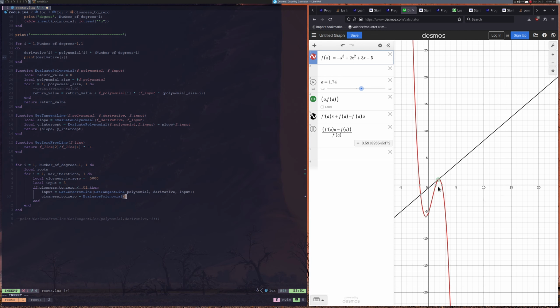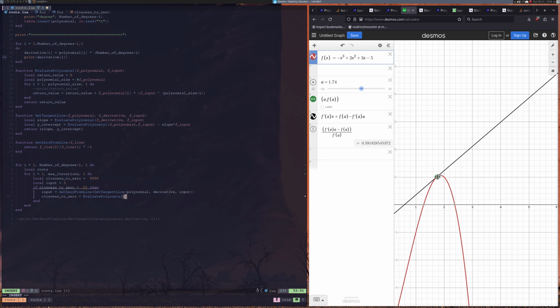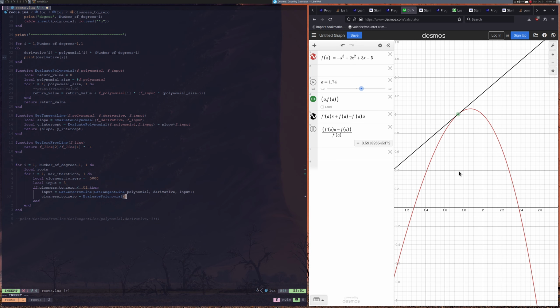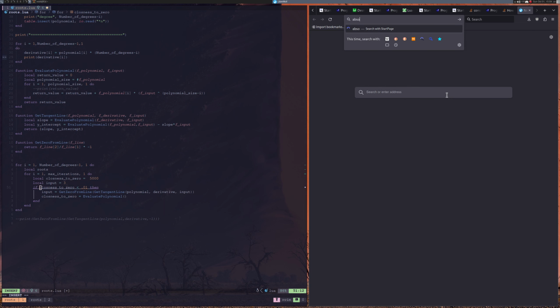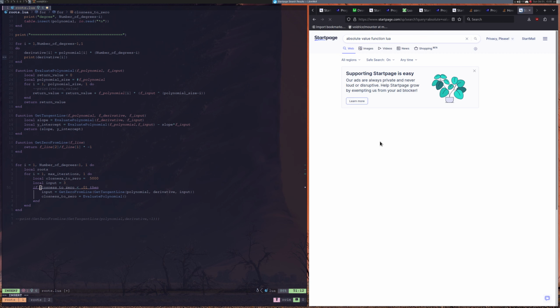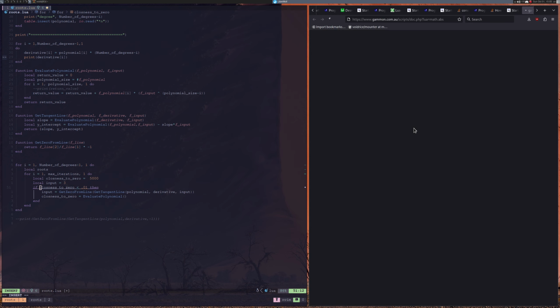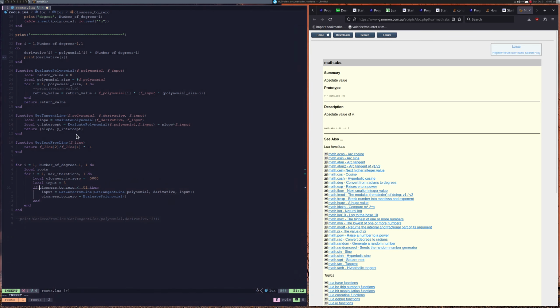Oh. Let's see. Alright. Absolute value function in Lua. Nice.